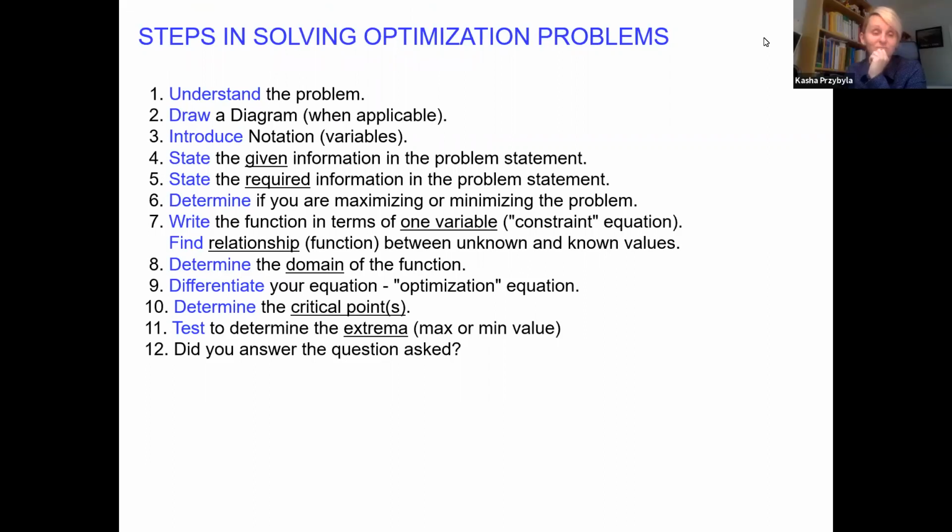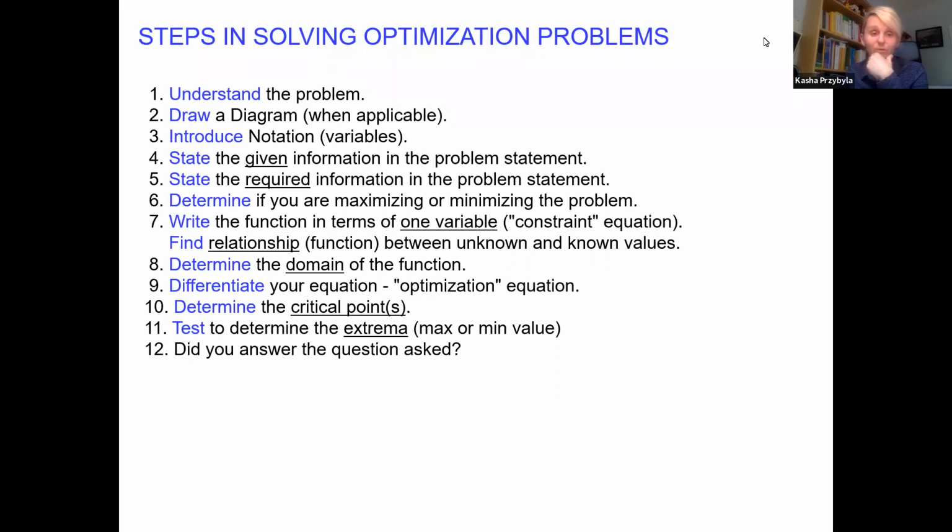The steps are almost the same as for all of the word problems. We have to read and understand, and draw something if it's applicable. I always like to draw the situation. Having a picture, we can label everything and introduce notation. We have to know what is given and what is required.